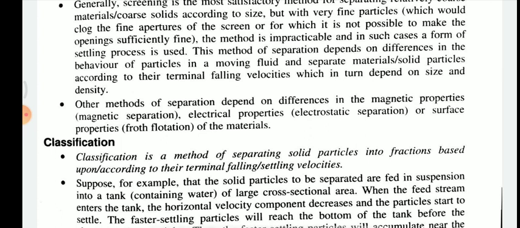Then electric properties give electrostatic separation, and surface properties give froth flotation of the material.